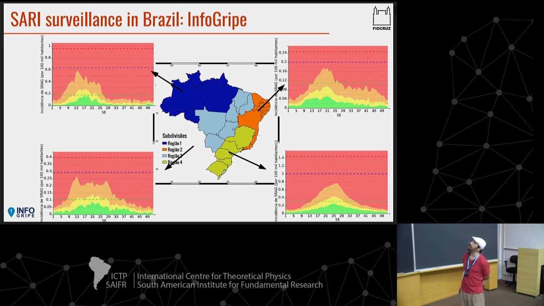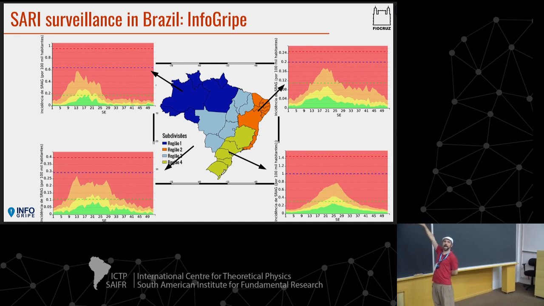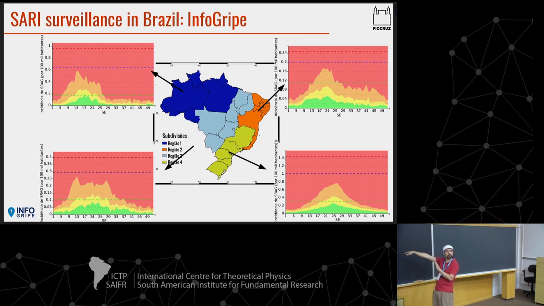And what we see is that, well, first of all, in the extended south region, which is region number 4 over there, which is the 3 states of the south plus São Paulo and Minas Gerais, we have a really nice textbook epidemic curve, right? The pattern is beautiful, very smooth curves, very well behaved, really nice.